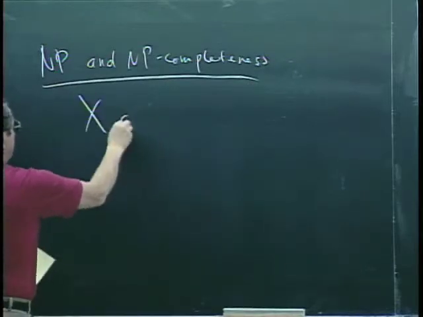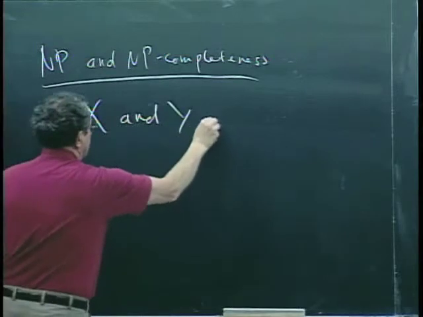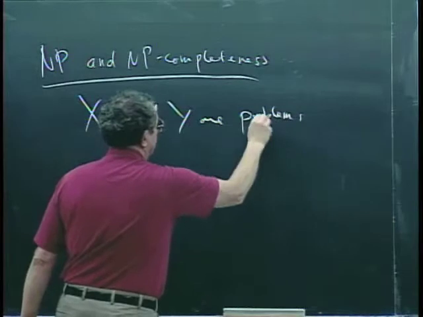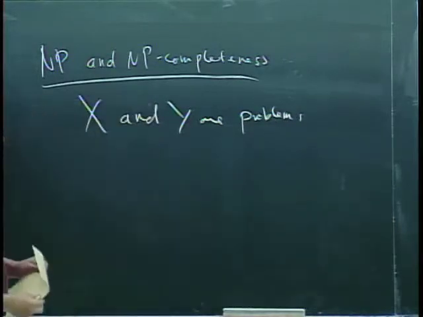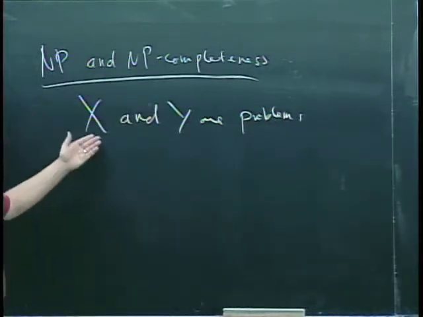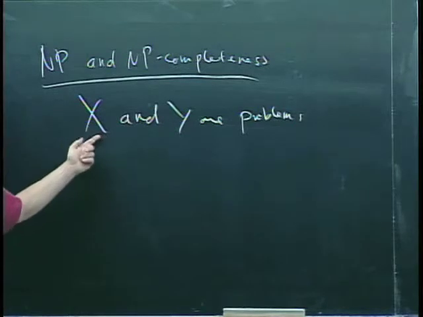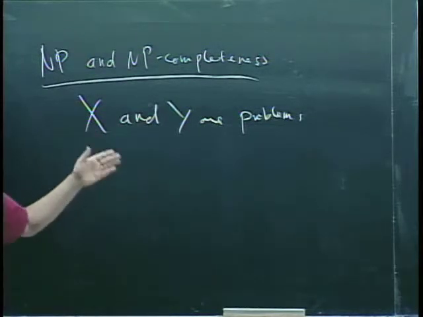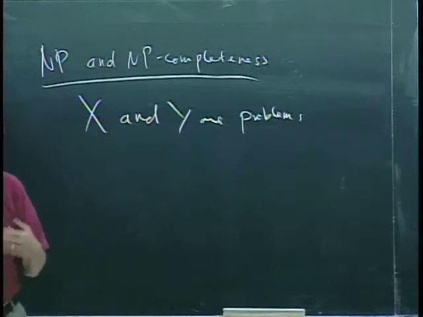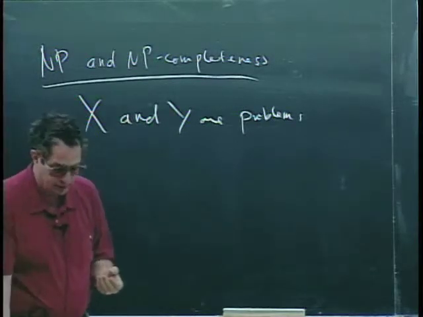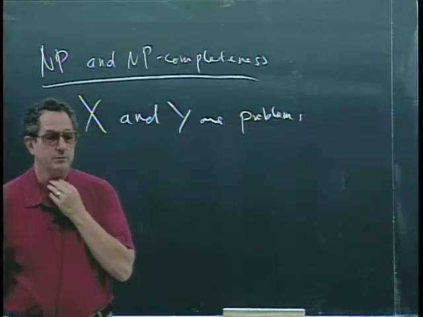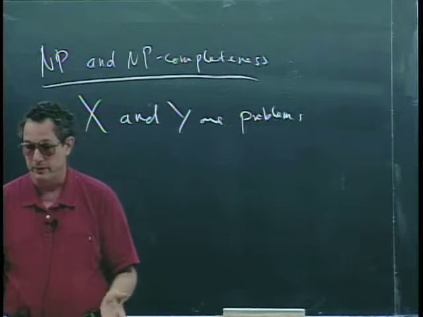So X and Y are different problems. You can think of X as any problem and Y any problem that you like. For example, last time Rob talked about vertex cover, so you can think of, let's say, X as the vertex cover problem, and Y, in one of your homework questions, you looked at independent set restricted to a tree, but we can also talk about independent set problem on an arbitrary graph.